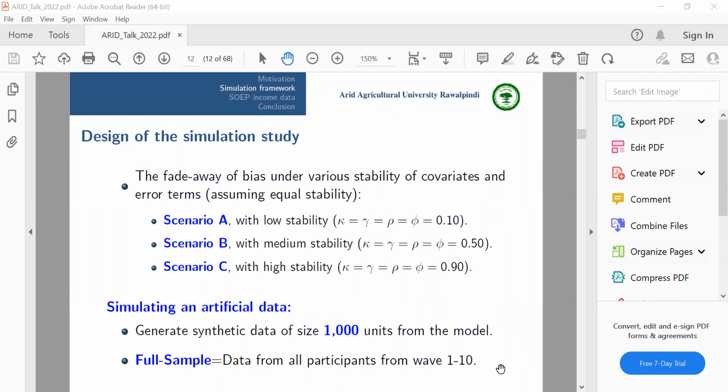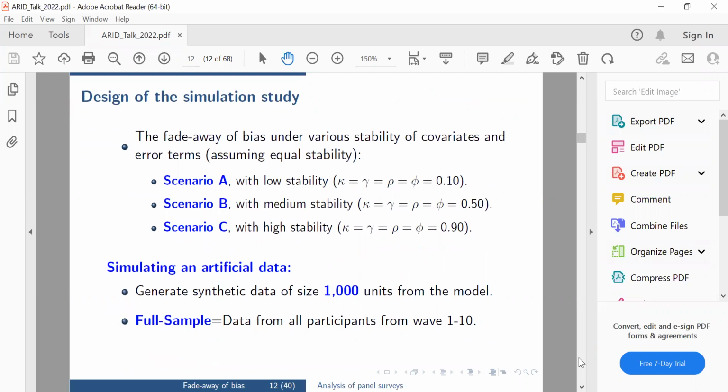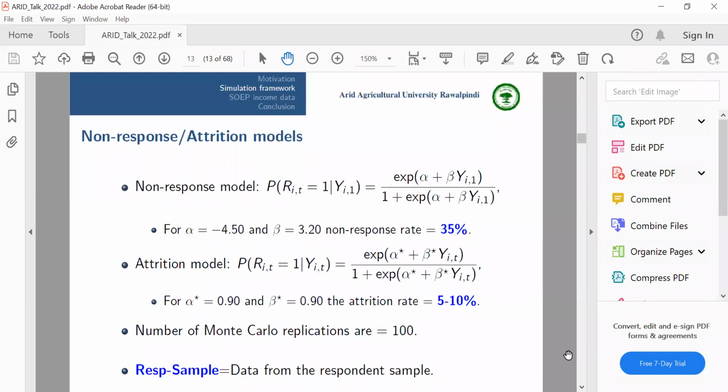For example, if you increase to 30 or 40, which means a big panel, we will lose a lot of sample size. Maybe some people have died and some people left the survey, so we restrict our survey to these 10 panel waves. The full sample consists of all participants, meaning that it includes respondents and non-respondents as well. So there will be no bias in this full sample.